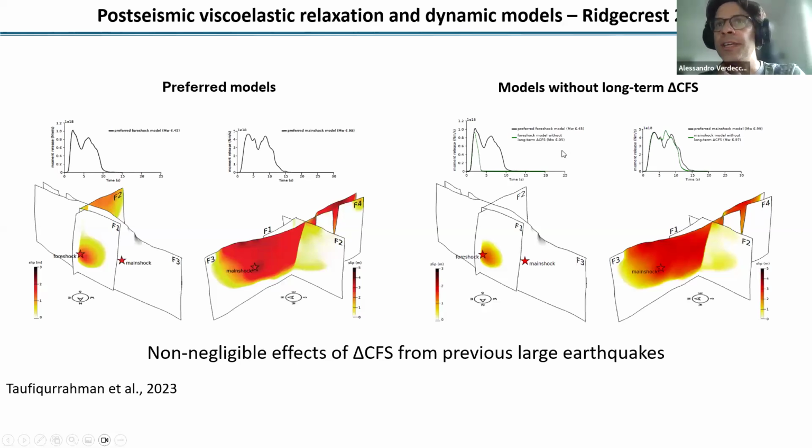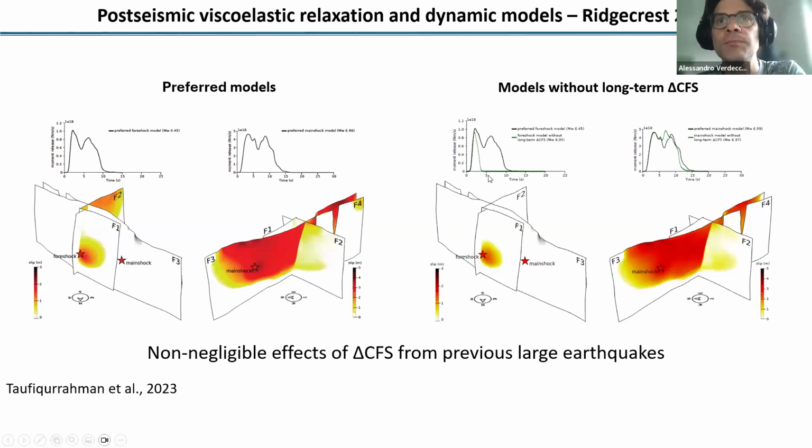If we don't take into account the long-term stress changes due to previous earthquakes, their dynamic models look a little bit different. Mostly the foreshock, so the first event, without long-term Coulomb stress changes only seems to rupture one small fault, F1, and not propagate to F2.